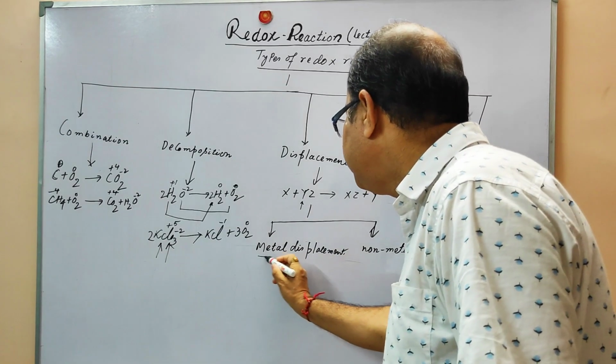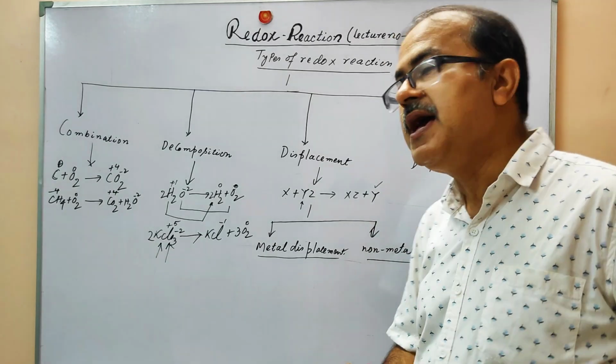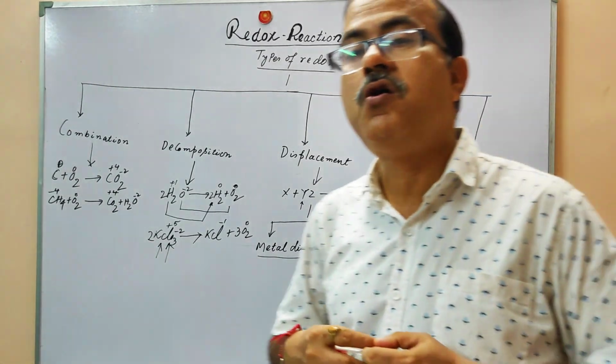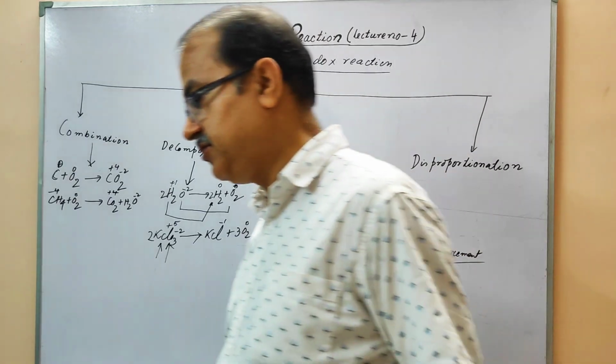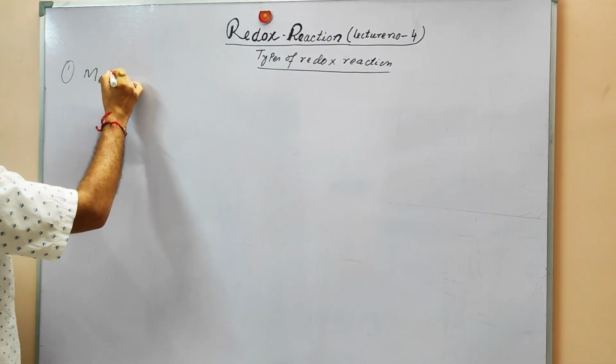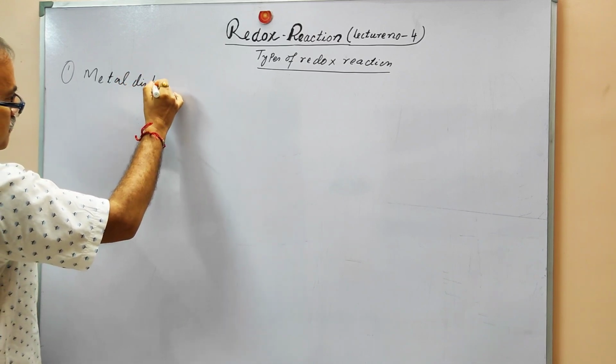So there are two types of displacement reaction. Now we are going to discuss in detail both of these reactions. First we are going to discuss the metal displacement reaction.